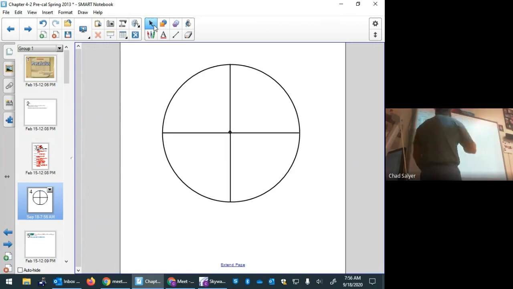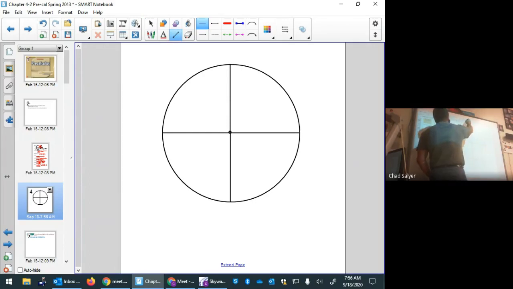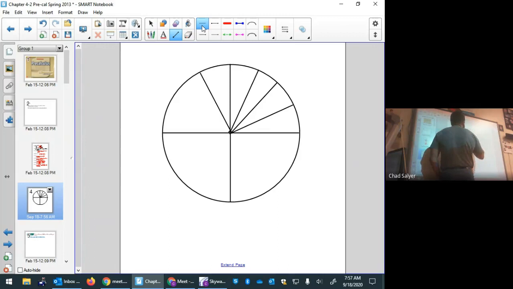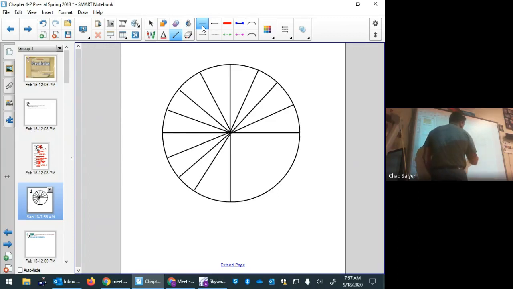All right, so we're going to have 3 rays in each quadrant, and they should kind of look like this. And I'm not worried about this being perfect. Mine won't be perfect, even though I've got the advantage of a straight line tool. As long as you understand what it means. Okay, so the first thing you want to do is populate all the angle measure information.